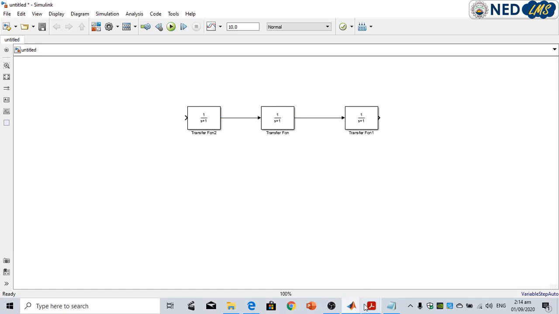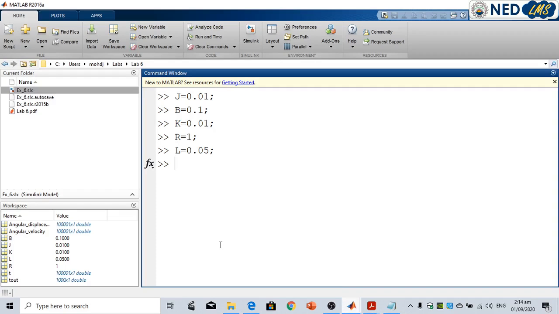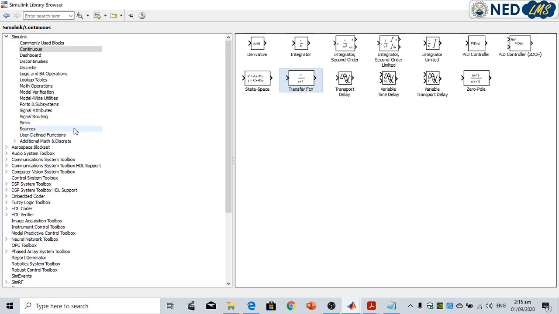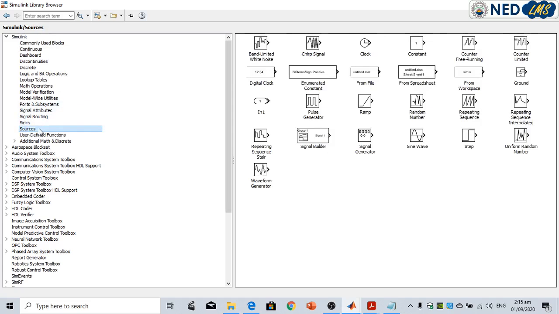Next, again in the Simulink library browser, we have to select a voltage source. Here is the step input, add voltage source. Again, add to the Untitled page.